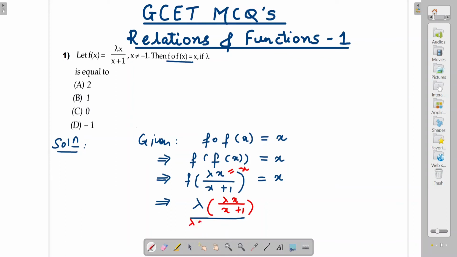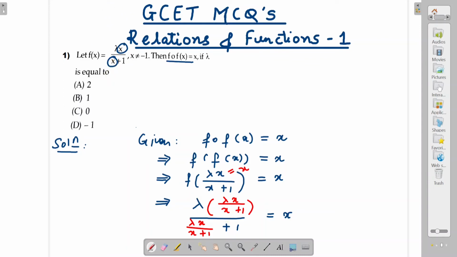So here you will get λx/(x+1), and then plus 1 is there in the definition. And this will be equal to x. So you are just substituting this new x in place of the original x, right?